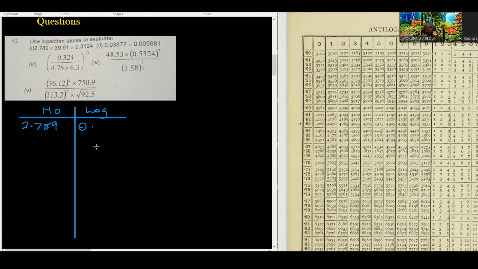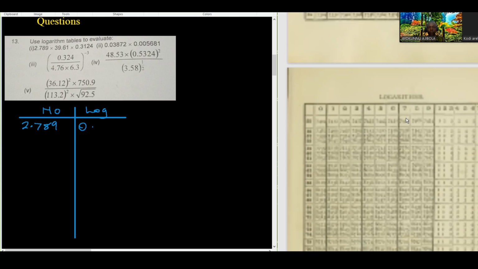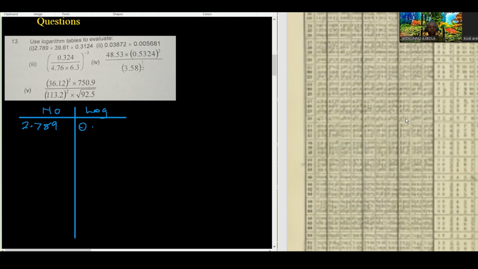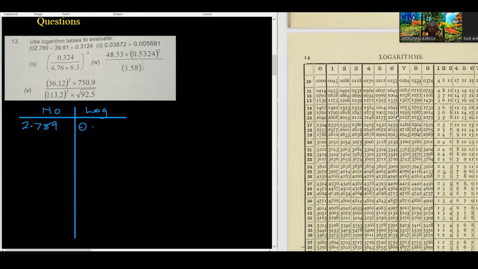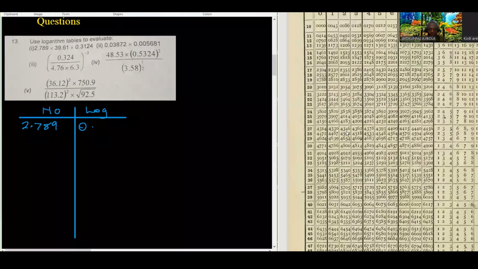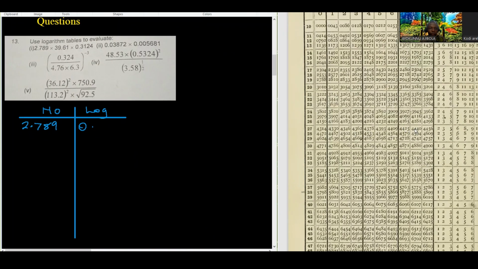Then we have logarithm 27 under 8, difference 9. So logarithm 27 under 8 is 4440.